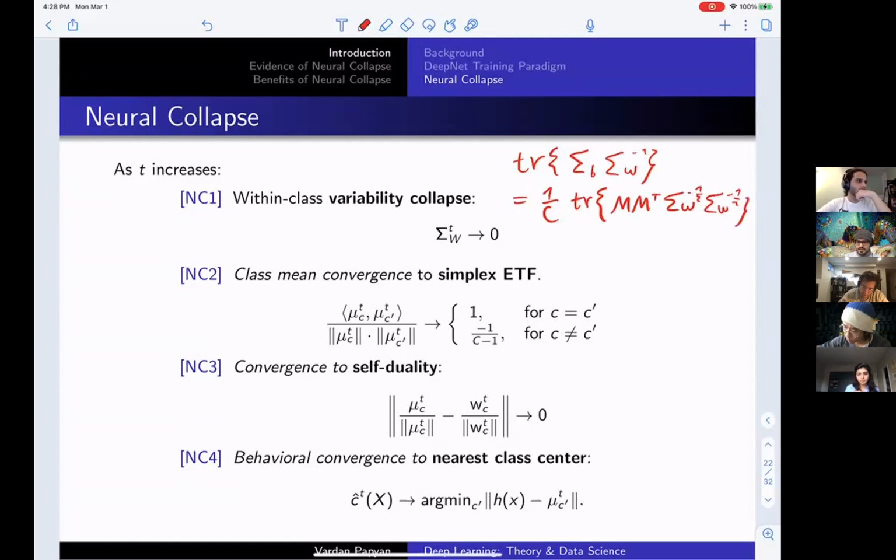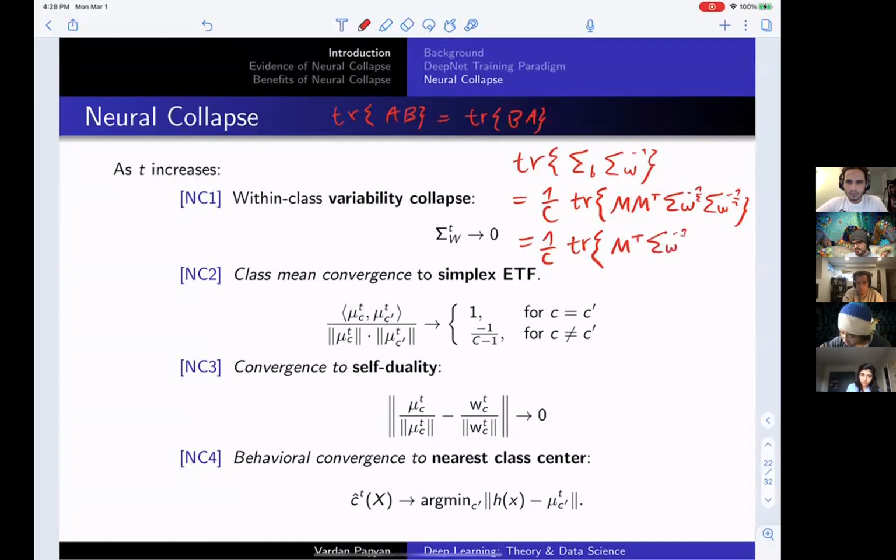The cyclic property of the trace says that trace of AB is equal to trace of BA. So you can just cycle it around, right? And so what we're going to cycle here is the trace is going to be m transpose sigma w minus half sigma w minus half times m, right?